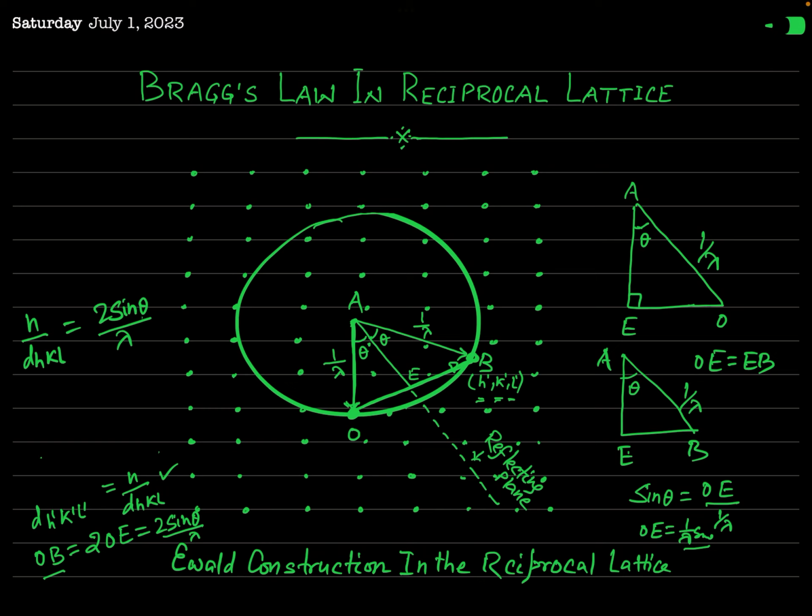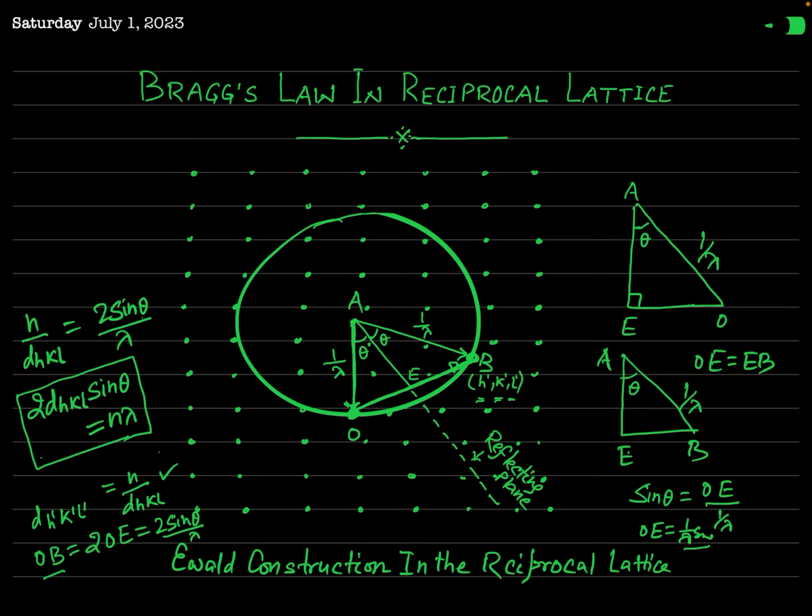And hence from here you can easily say that 2 DHKL sine theta is equal to n lambda. And what is this? You can see this is the conventional form of Bragg's law.